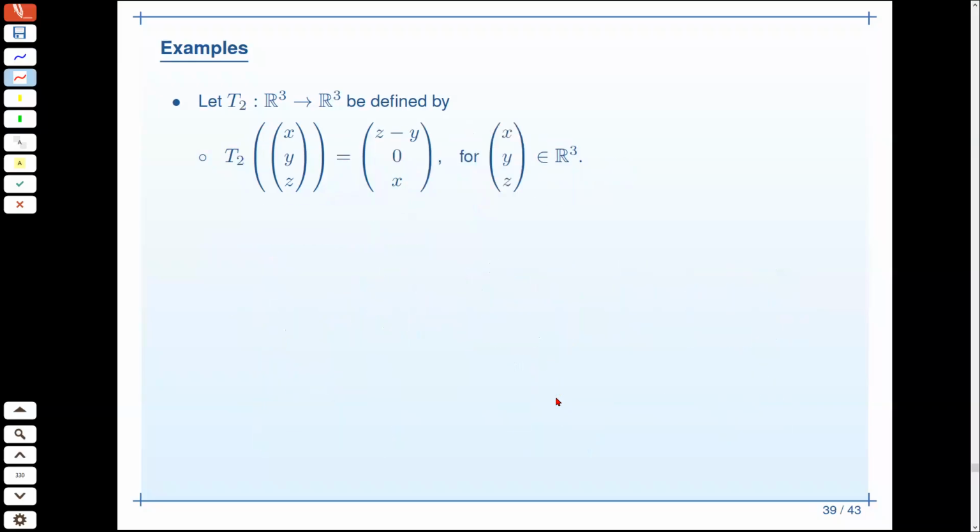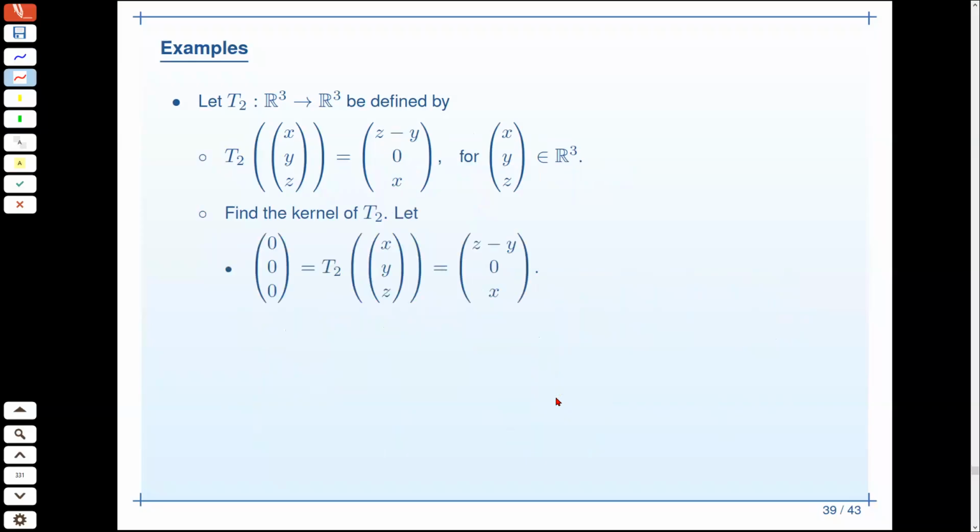How about T2? T2 is this function. Find the kernel. Again, we do the same thing. T2 applied to (x, y, z) gives you (0, 0, 0), where the first component is z minus y, and the last component is x. This one we can solve easily. Z minus y means z and y are the same, and x equals 0. So we set one variable to be a parameter t: x equals 0, the others are t.